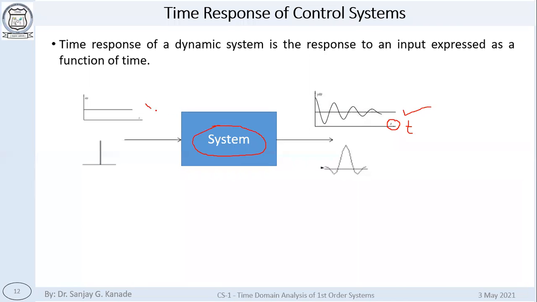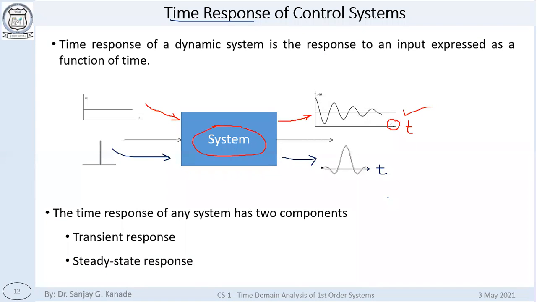For example, if I give this input, I get this kind of output. The x-axis variable in the time response is t, the independent variable.